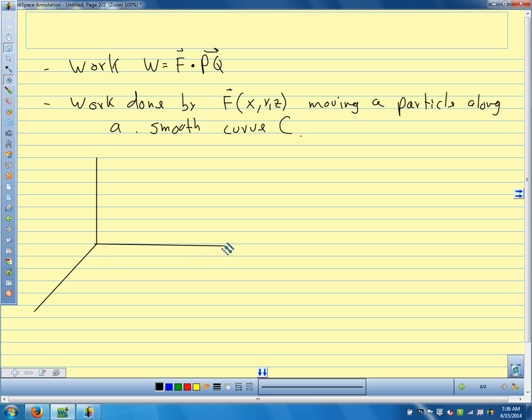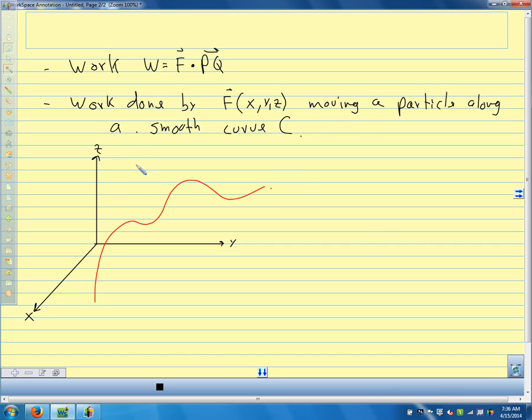So here's our space. And hopefully the method that we use is familiar by now. Here is our curve C. So we have some curve here. And we're moving our particle from point P sub 0 to some other point, P sub n.